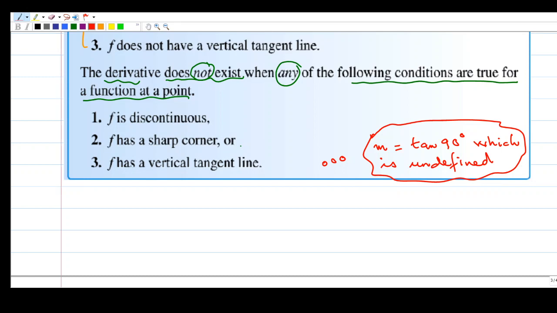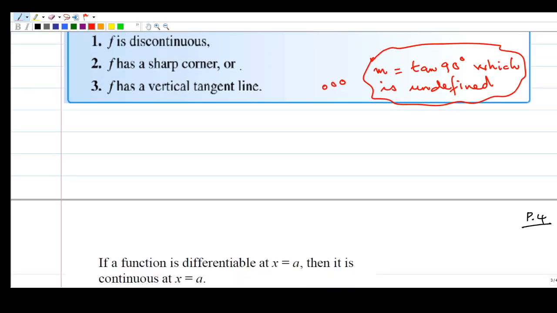Right? You should note the following. If a function is differentiable at a point, it implies that it is continuous at that point.